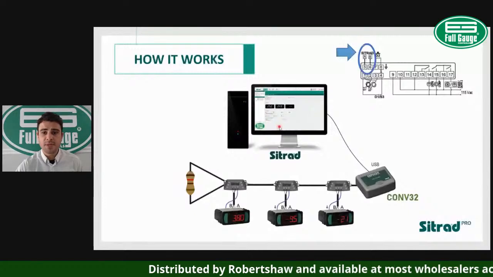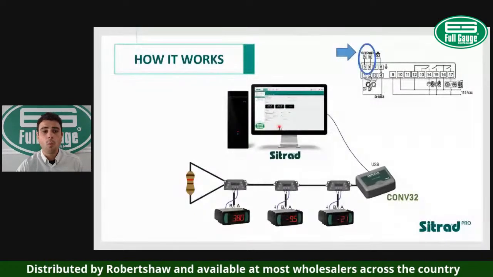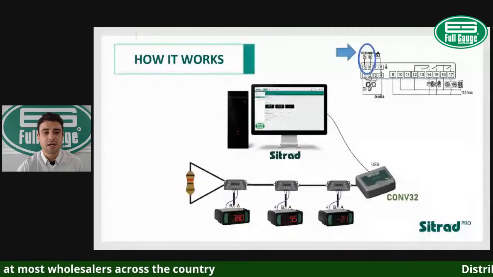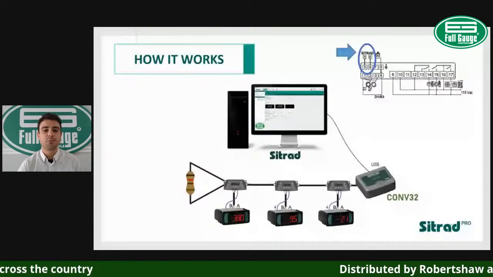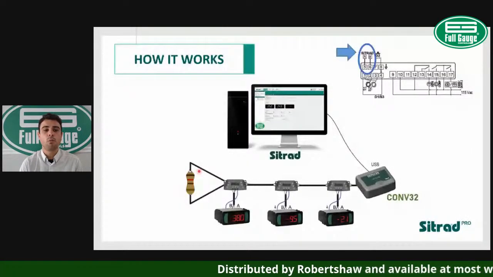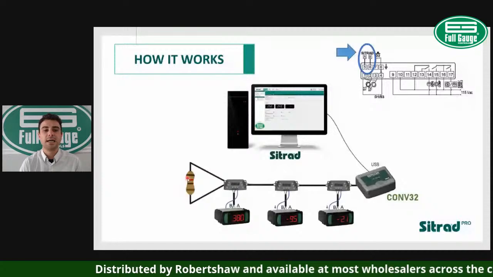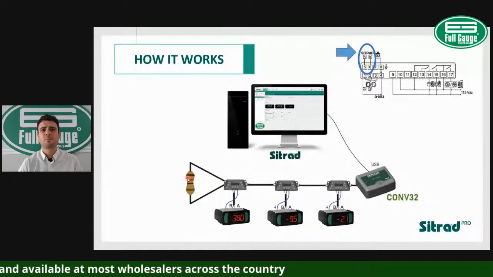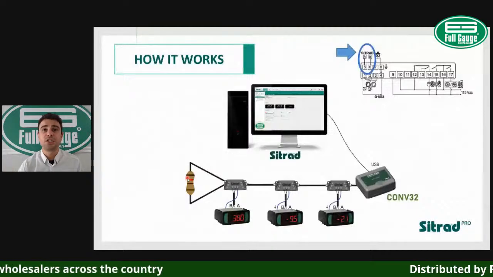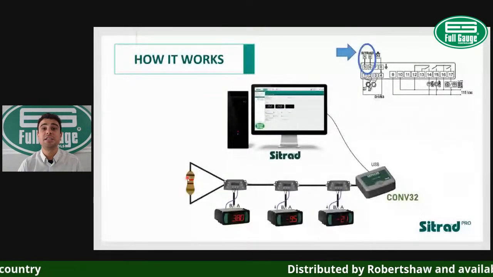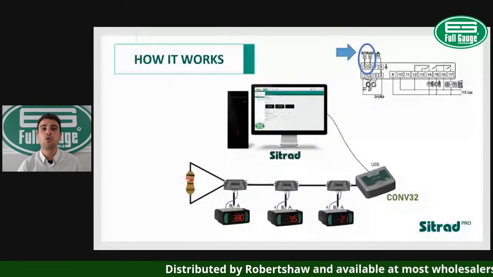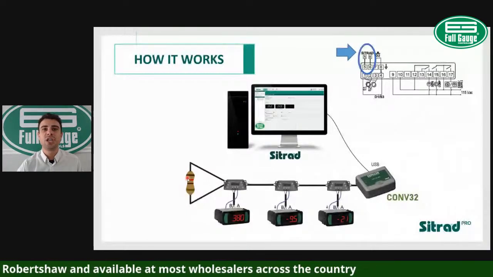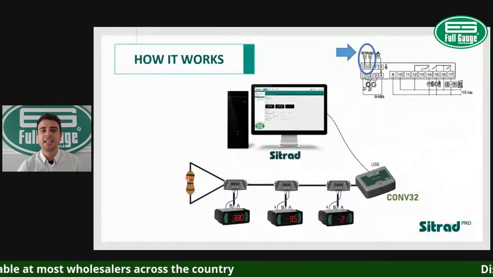Some of you might be asking, what is this little device in here? It's like a transient suppressor, a 100 ohm resistor that is used to increase the resistance on the RS-485 network and reduce electromagnetic interference.